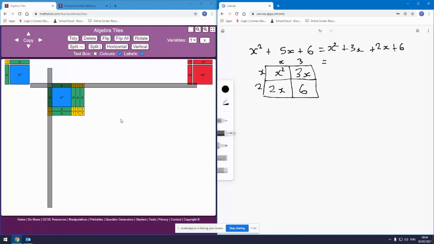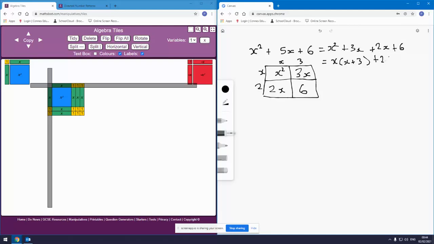What I'll now do is say, well, if we look at how that split's happened, or what's the result of that split, I could see this as 2 rectangles. I could see it as an x by x plus 3 rectangle, and that's this rectangle along the top here. And then underneath that, I can see a 2 by x plus 3 rectangle.